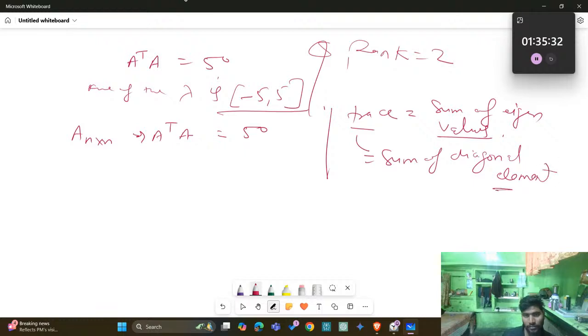Alright. So what is the trace of this matrix? The trace of this matrix will be the sum of squares of all elements.